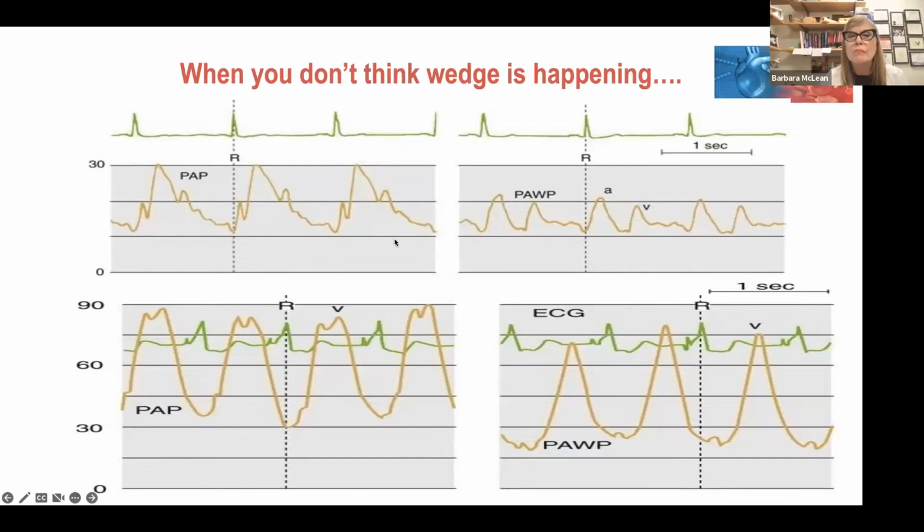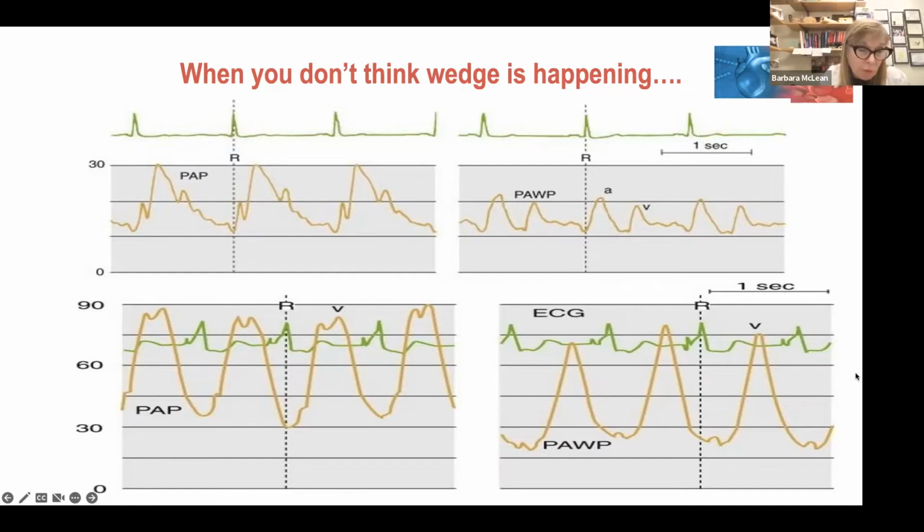So here's the thing. We're looking at a PA pressure and a wedge pressure. Here's your A wave and your V wave, okay? Here you can see that you have a very large V wave here. So in the PA, what you see is PA systole and V wave, PA systole and V wave, and you inflate your balloon and the PA systole disappears, but you still have a V wave.